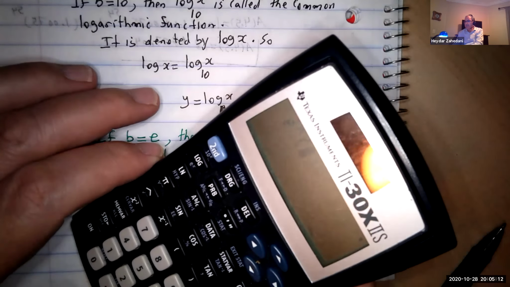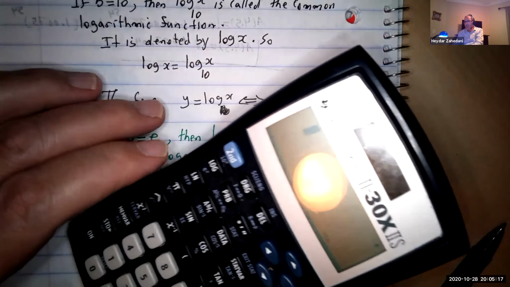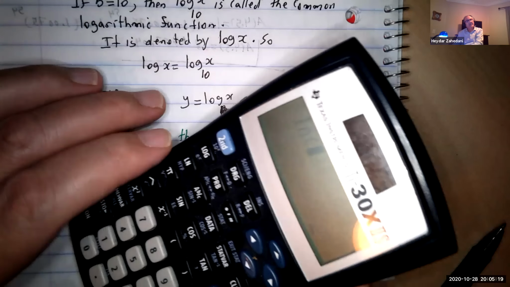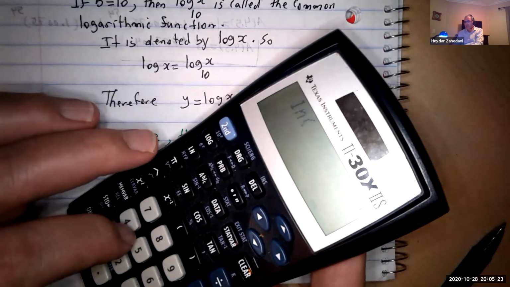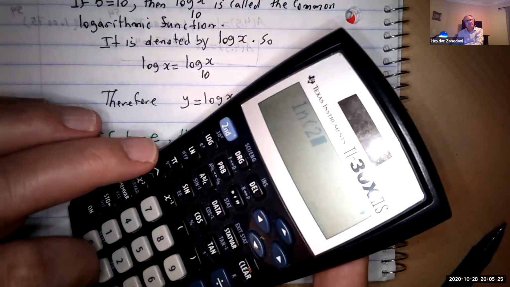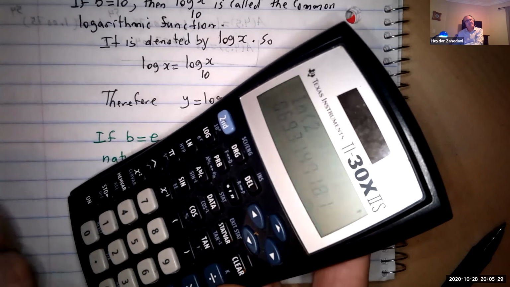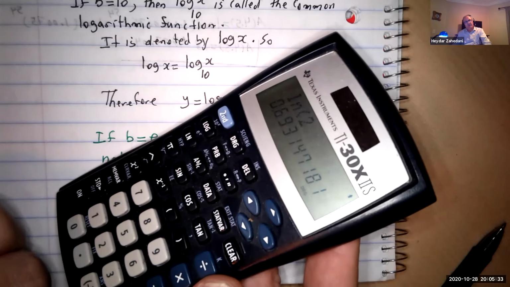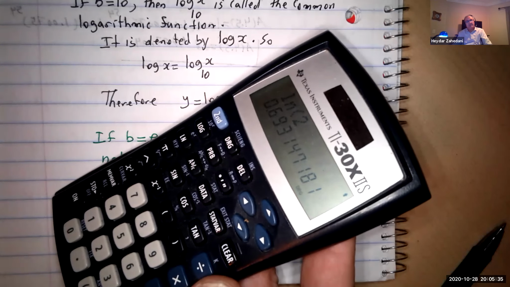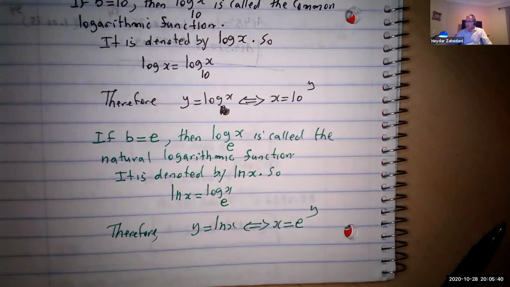Oh, I'm sorry, not the second. I missed that. If you click on ln, that's going to be ln. So for example, if you want to find ln of 2, that should give you 0.69. So it's equal to 0.69. So get to know it, because you are going to do it for us in the application problems that we're going to have. So that is the kind of evaluation of the ln.